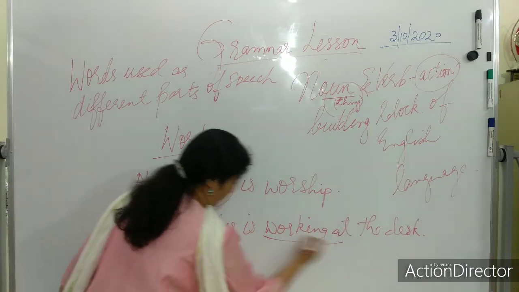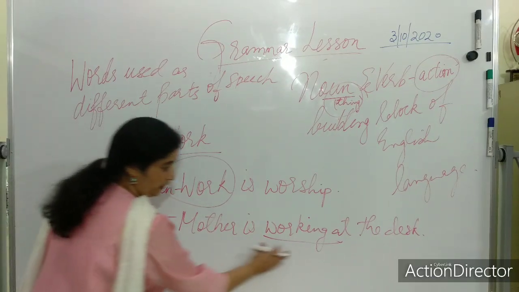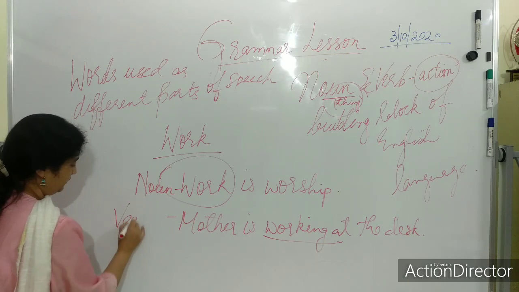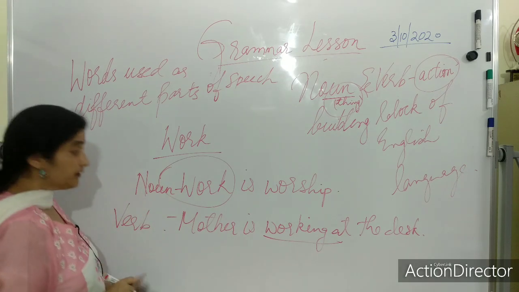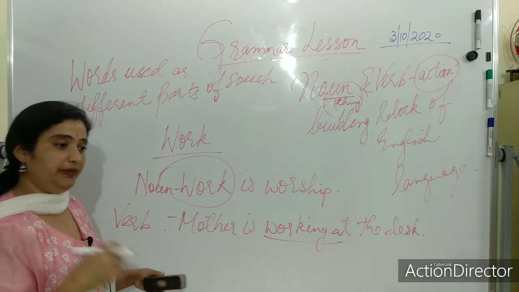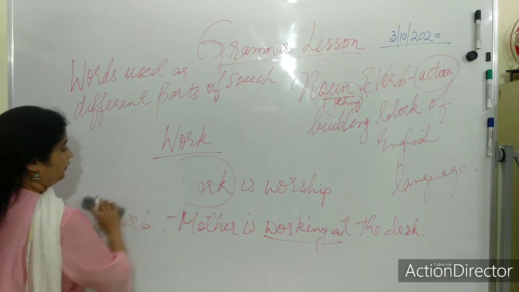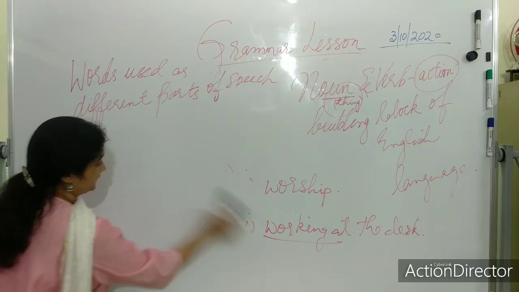Mother is working. What is mother doing? What is the noun doing? What is the action being done? Working. So this is a verb. This is what you have to do. You will be given words and you have to make those words into sentences.